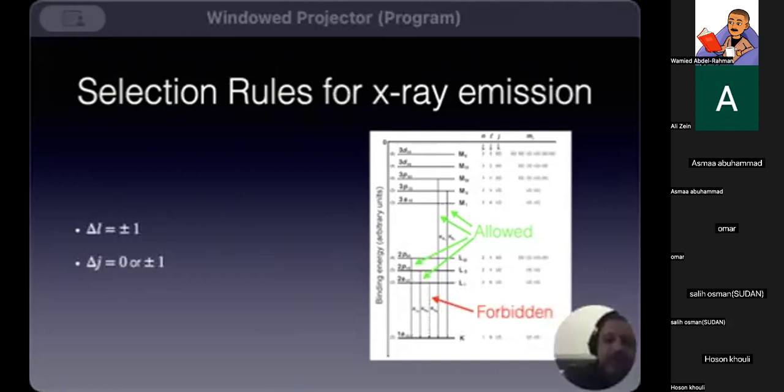And finally, the transitions from these two subshells where L equals 2 are forbidden. So if there is a vacancy in the K shell, the transition from the M4 and M5 subshells is a forbidden transition. Okay.